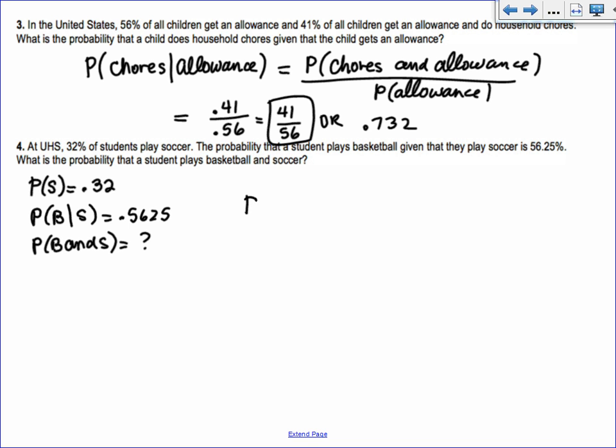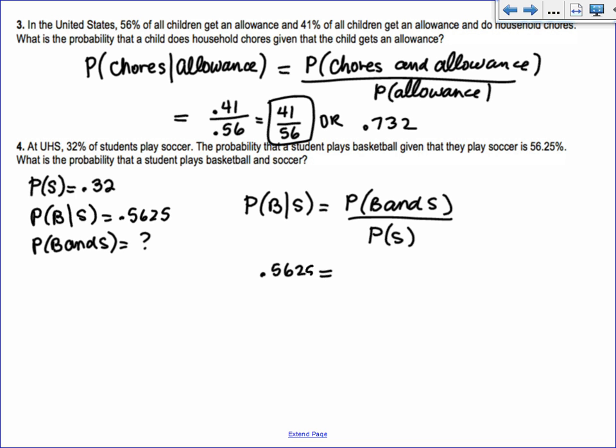So for a conditional probability, the probability of basketball given soccer is going to be the probability of basketball and soccer divided by what? Probability of soccer, right? What I was telling you is that the second letter is always what goes on the bottom. If you say basketball given soccer, you have soccer on the bottom. Okay, so the probability of basketball given soccer is 0.5625.